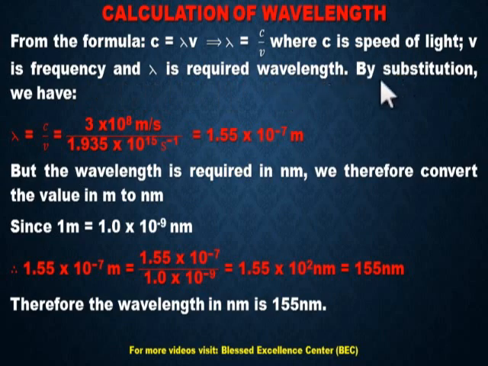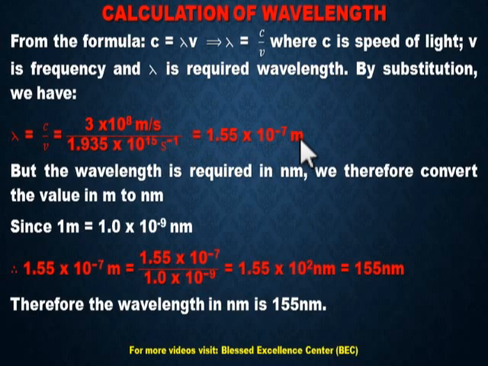By substitution, lambda is equal to c over v, which is equal to 3 times 10 raised to the power of 8 meters per second, all over 1.935 times 10 exponent 15 per second. If you divide this by this with a calculator, you're going to have 1.55 times 10 exponent minus 7 meters.